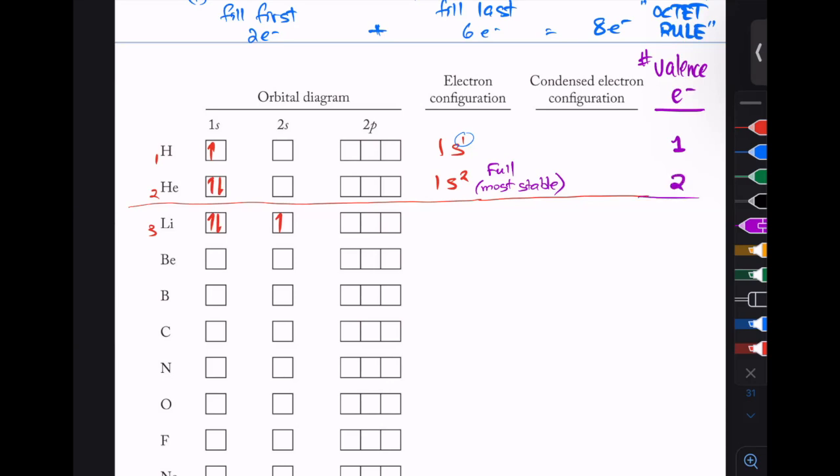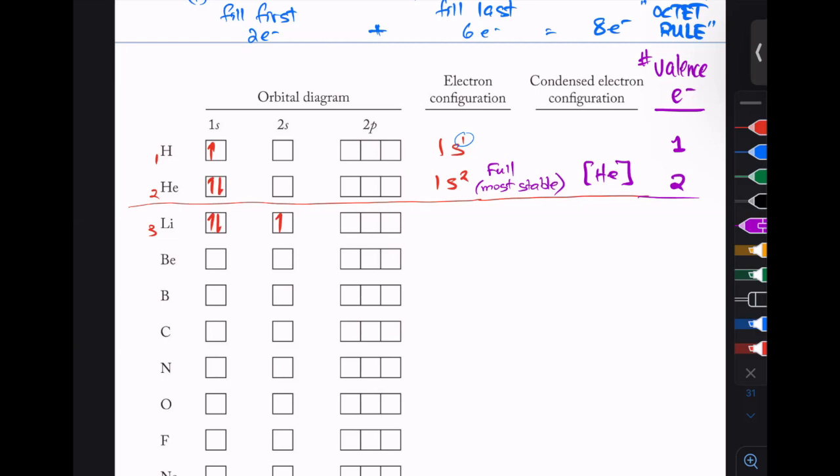I'll also show you there's a condensed electron configuration that we'll use. It's taking the helium atom without specifying it's 1s2. If you see the condensed form like this, that means you've got 2 protons and the 2 electrons in their completed shell.